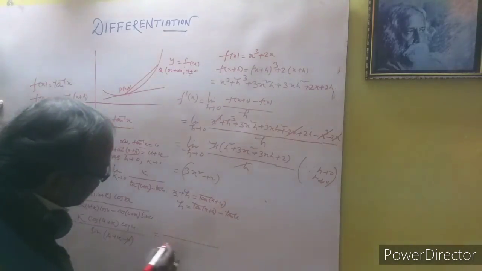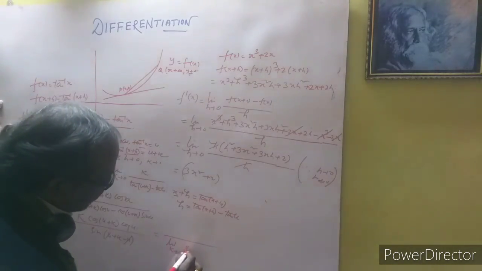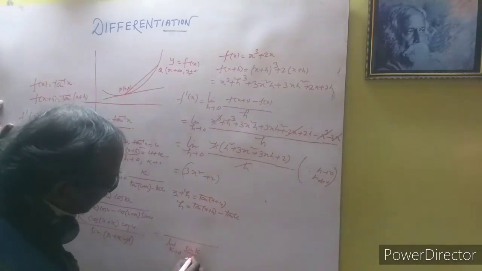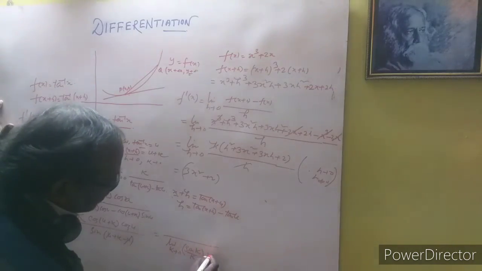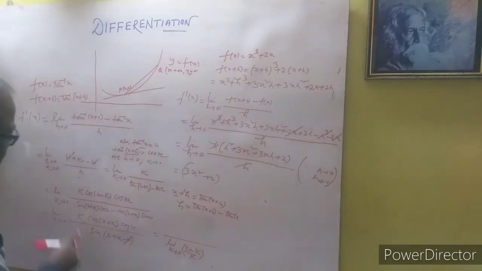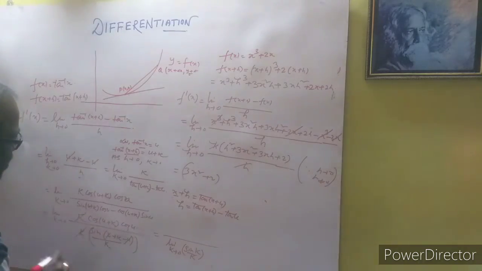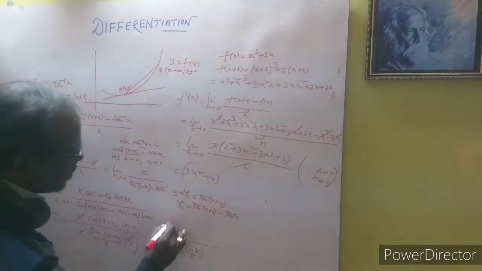So from the limit k tends to 0, this is sin k by k, and this is k here, not needed to write there. Okay, k are cancelled. So the limits of both are separated.